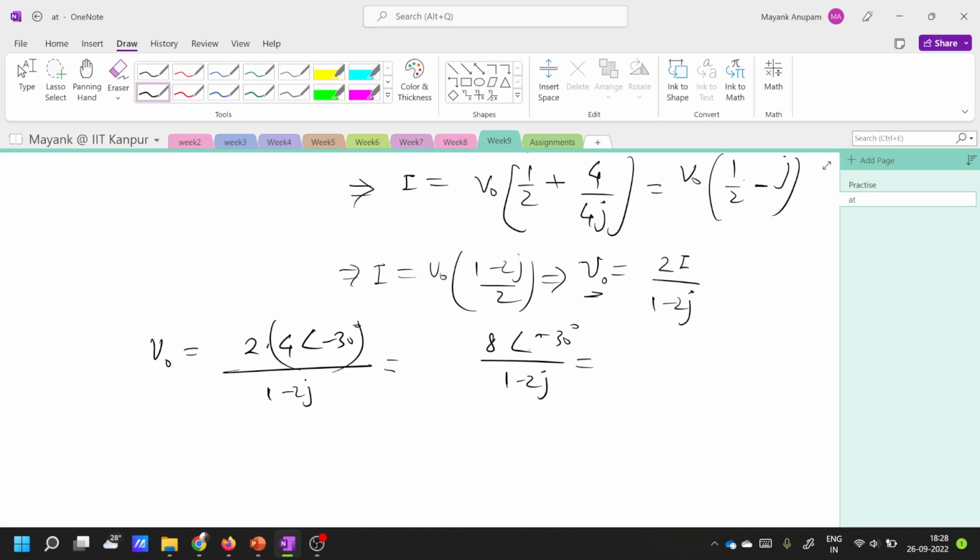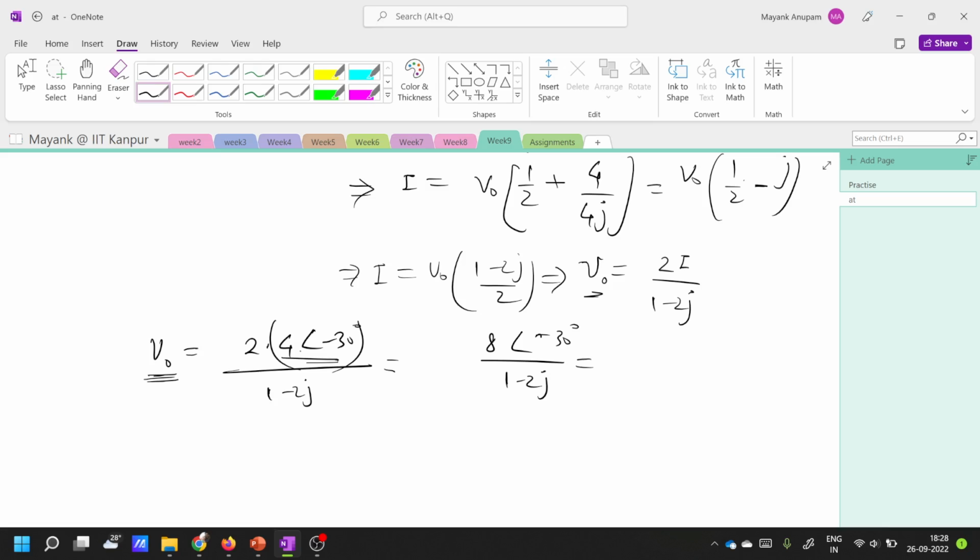I will not solve the complete thing. I will only solve the magnitude part and find out the angle of this. V0 will be a phasor, right? It will have a magnitude as well as a phase, just like the current was 4 angle minus 30 degree.